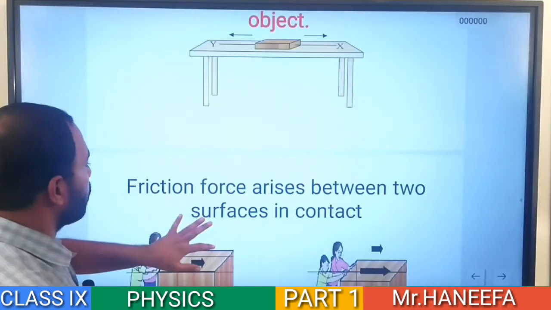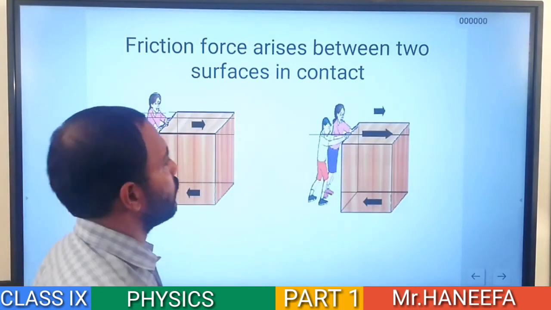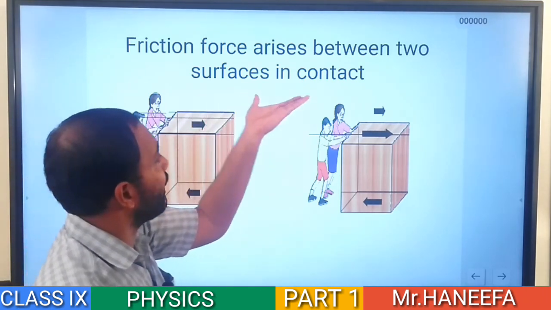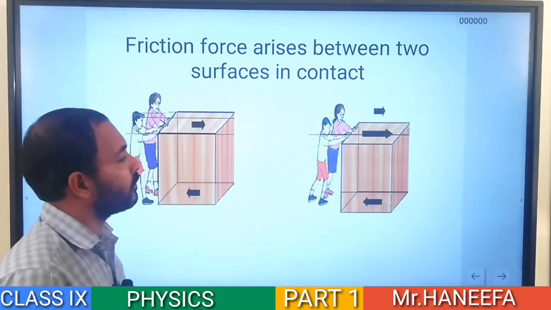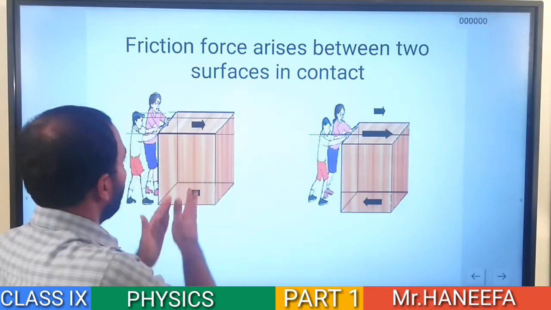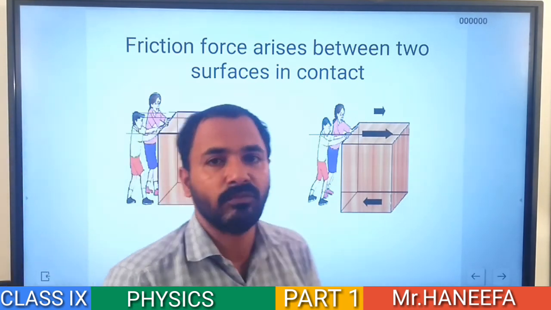So one force is frictional force. What is the frictional force? Frictional force arises between two surfaces in contact. Here a wooden box is placed on the floor.